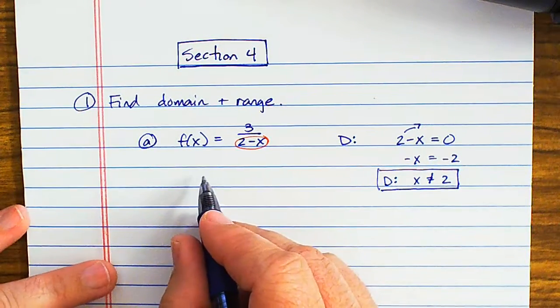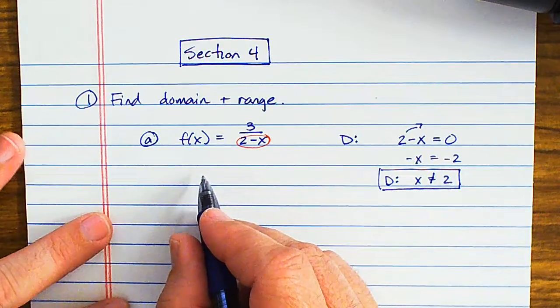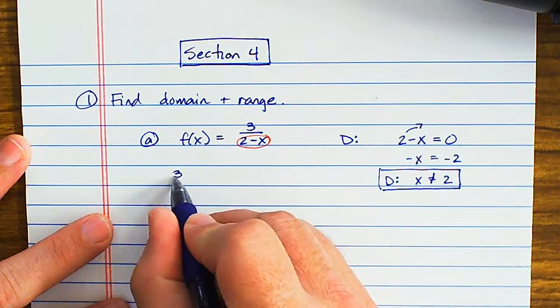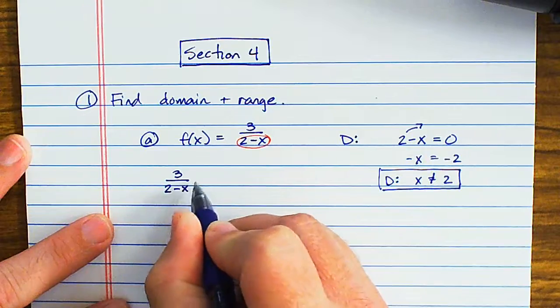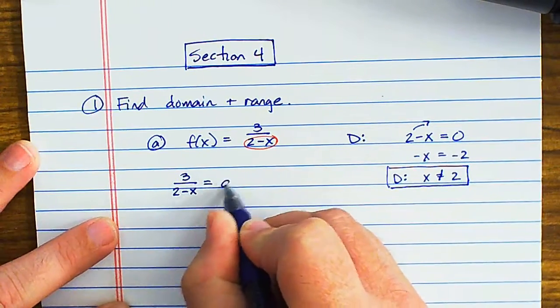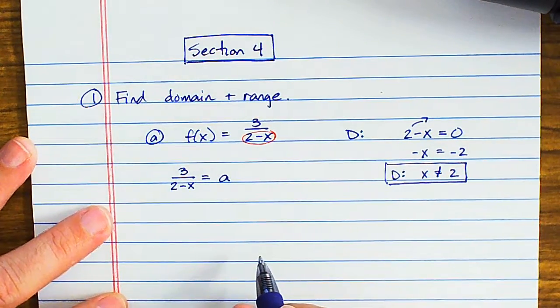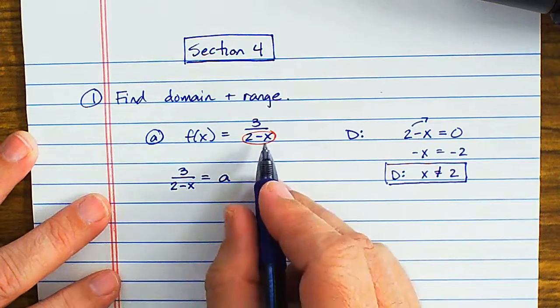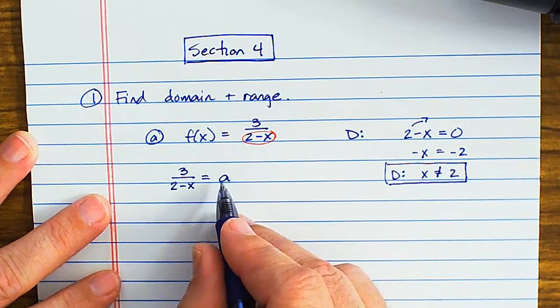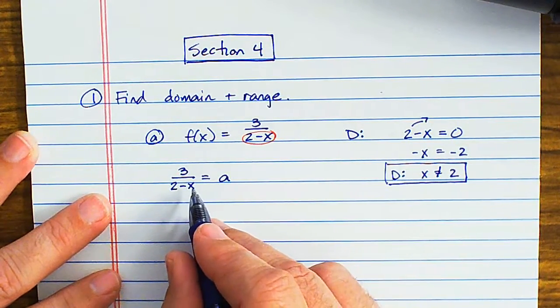We'll go over here for the range. For the range, I'm going to call the range a. It can be any variable, so don't get confused by why it's a. What you want to do is set the function equal to a and then isolate x.